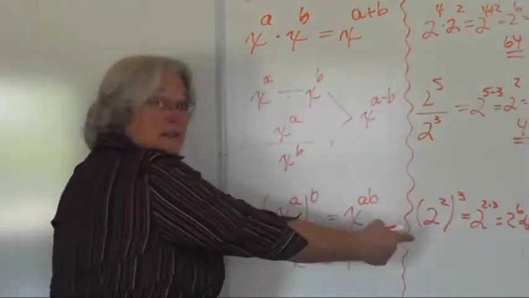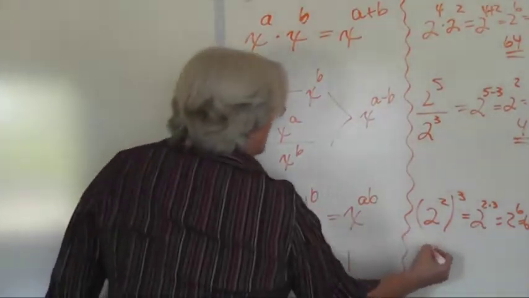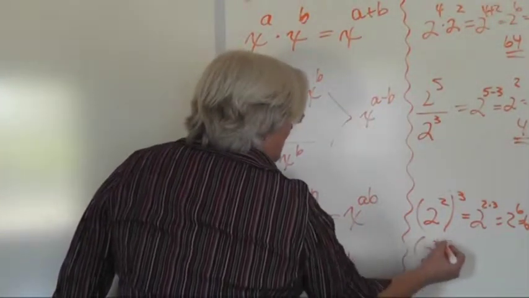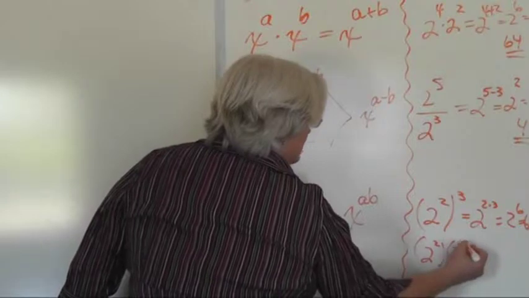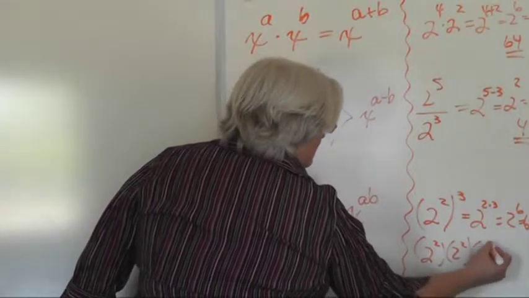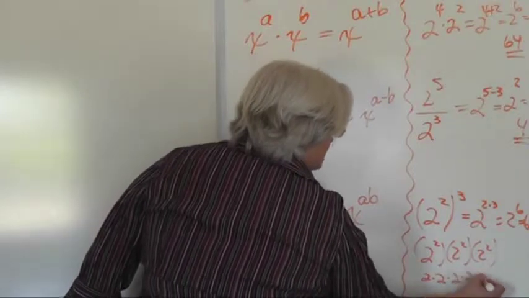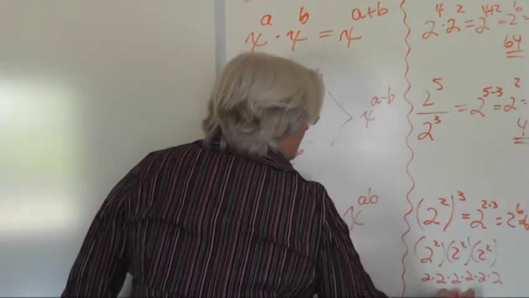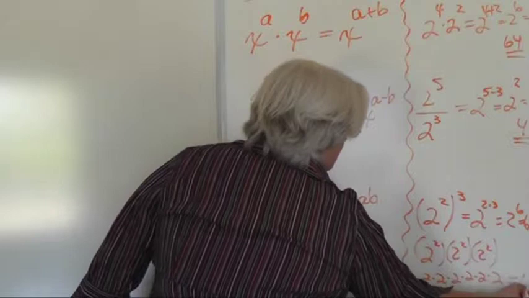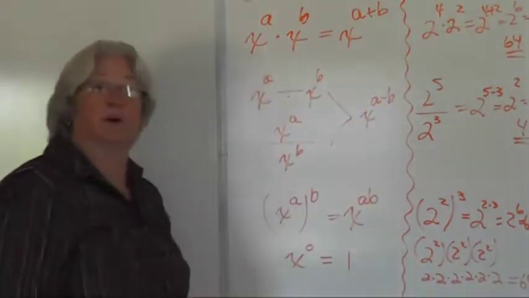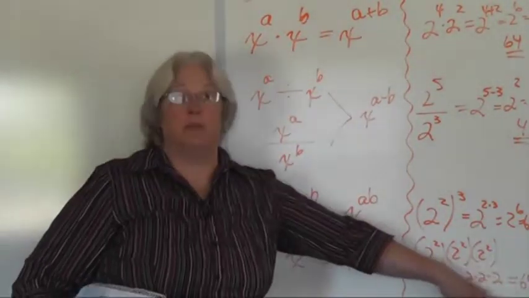What does this actually say? It says use 2 squared as a factor 3 times, which is 2 times 2 times 2 times 2 times 2 times 2. 1, 2, 3, 4, 5, 6, which is 64. Don't do it this way anymore.